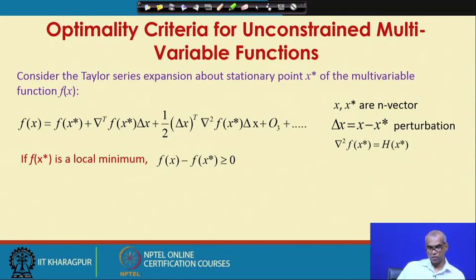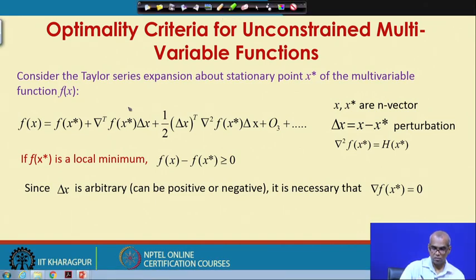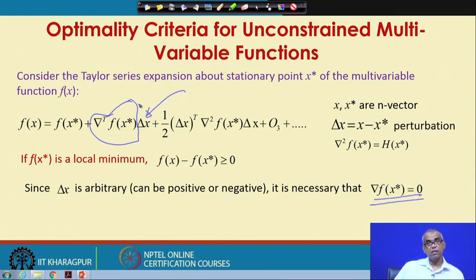So, if f(x) minus f(x*) equals 0, then the gradient of f(x) has to be equal to 0, because this delta x is arbitrary in the sense that it can be made positive as well as negative. See, x minus x*, this can be made positive or negative.